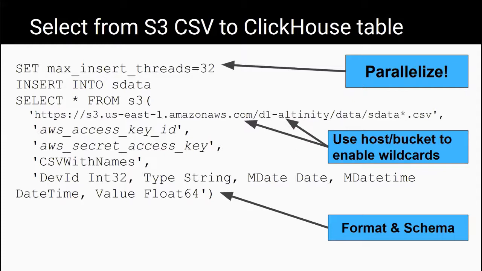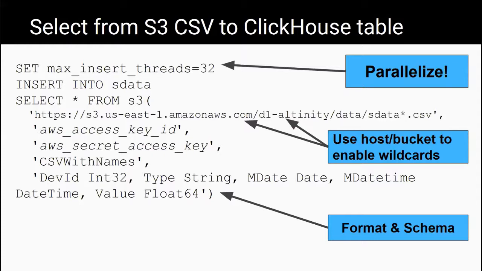This command shows you how to use something called the S3 table function, which is just a function that will basically load data into your select as if it were a table. You can see the parameters here. You've got a bucket name and a series of files, and you see the wildcards.